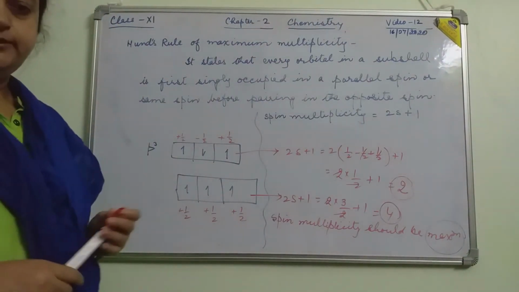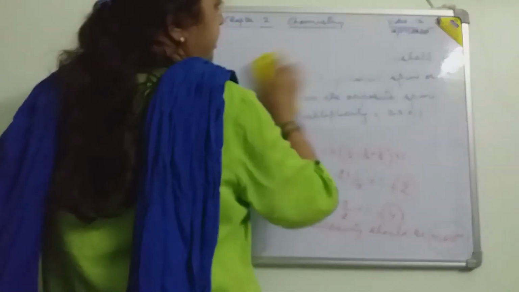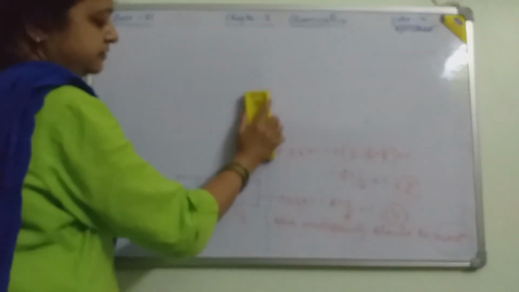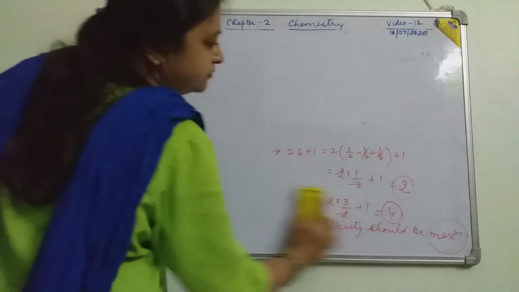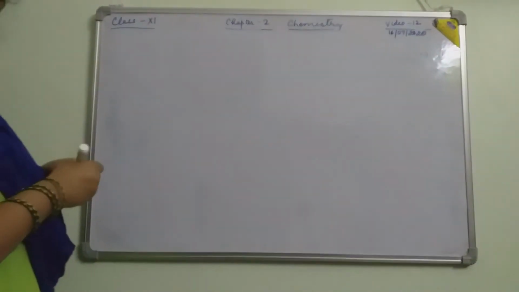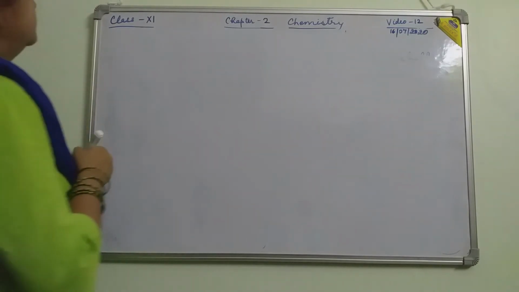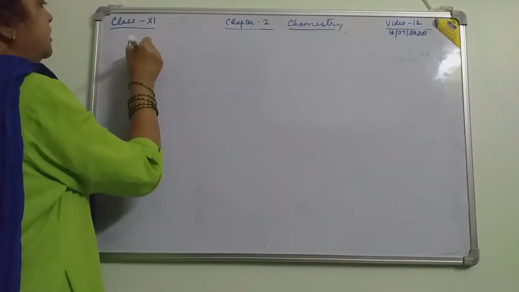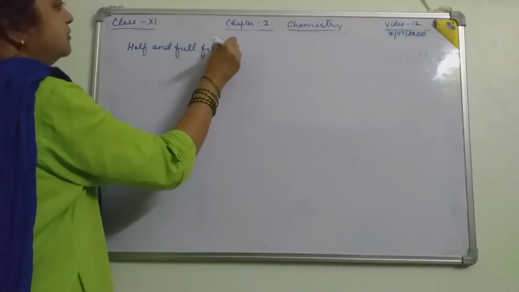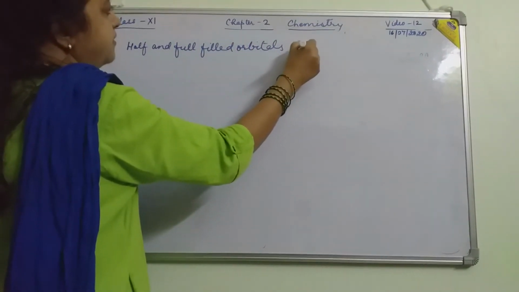The higher the spin multiplicity, the greater the stability of the orbital. The next question is, if orbitals are half filled or fully filled, what will be the stability? We know that half-filled and fully filled orbitals are stable.